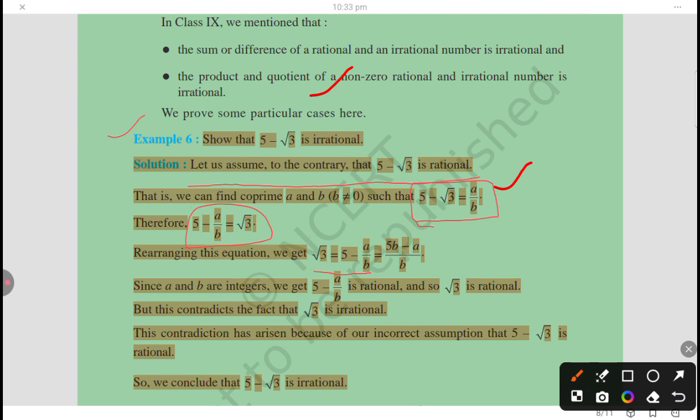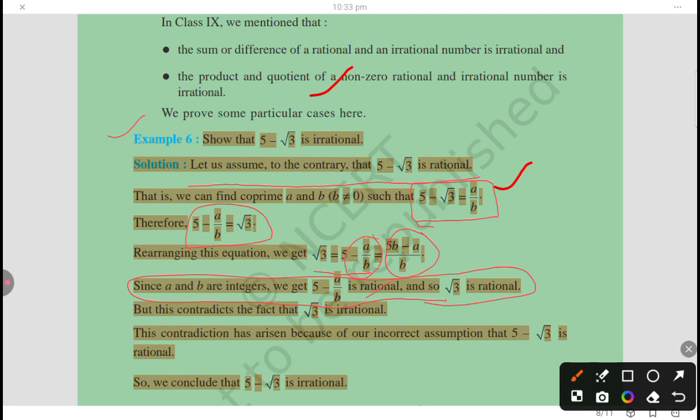Since a and b are integers, (5b minus a) by b is rational. So root 3 is also rational as per this.